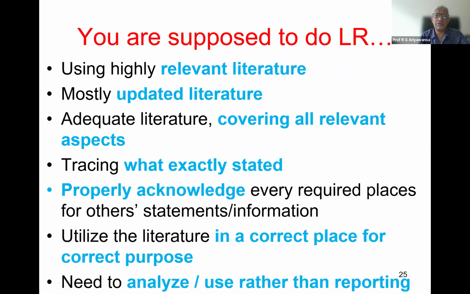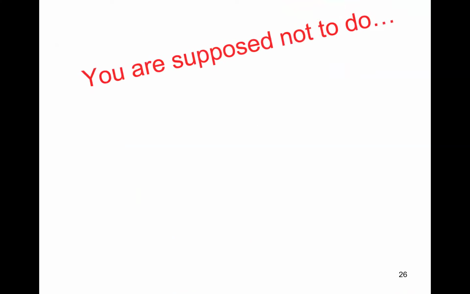So these are very, very important. You have to go through this list and make sure to maintain your work according to these guidelines, right? Clear? Is it clear for you? Yes. Clear. Okay.